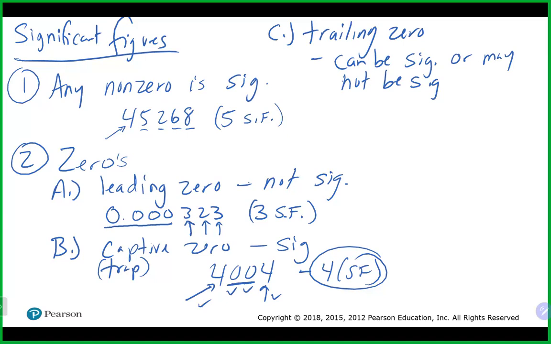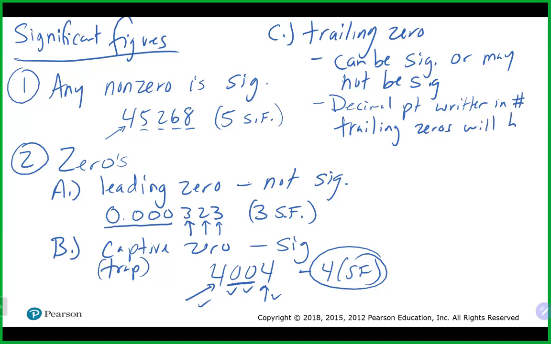If there is an actual decimal point written in the number, then the trailing zeros will be significant. Now, it actually does need to be written in the number. It is not one of those where you just assume it's there. It actually has to be written in the number for it to count.